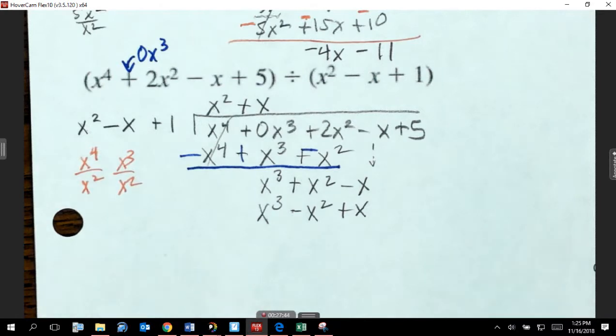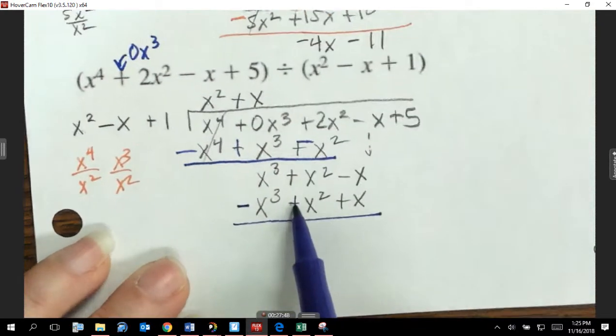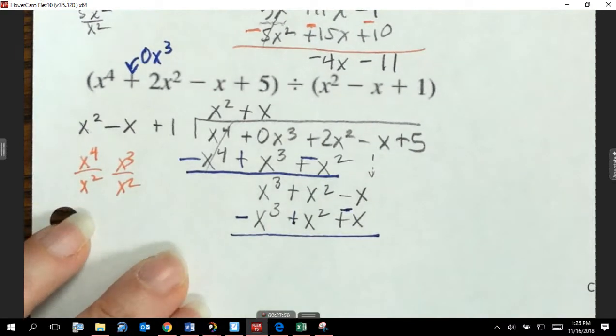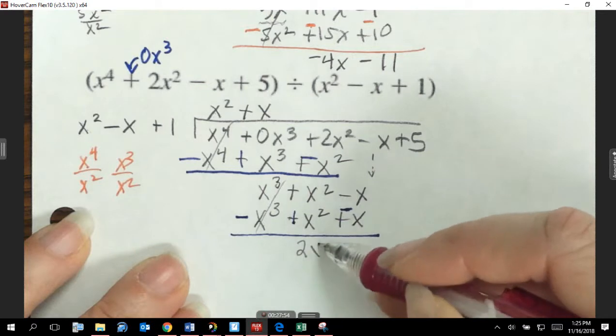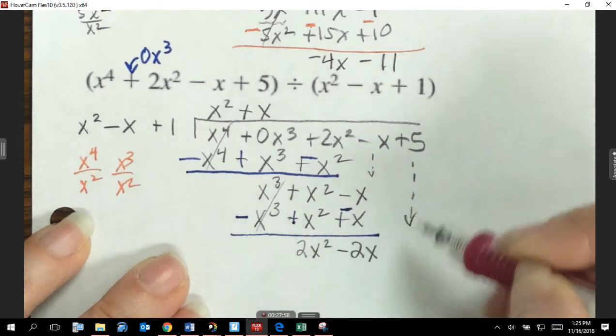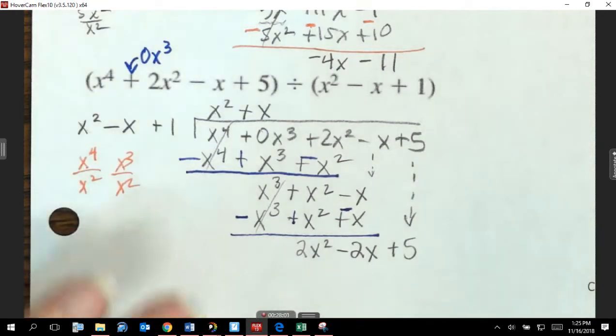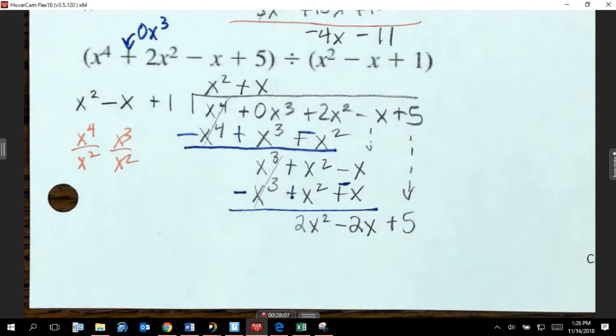After we multiply, we subtract. So I'm going to draw the line, change the signs. And then bring on down that plus 5. If you worked ahead of me, you should have 2x squared minus 2x plus 5 before going up.